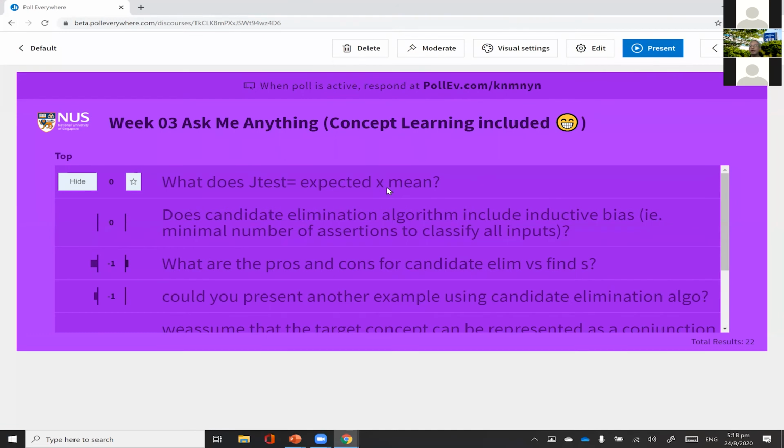If I take a look at millions of examples of weather data from historical archives, on the average day in Singapore, how likely is it to be classified correctly? That is what we mean by this J test. It means how likely is it to draw a particular sample, and when I draw that sample, how likely is it that I'm going to get it right.